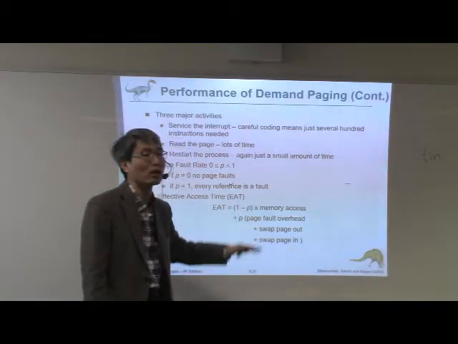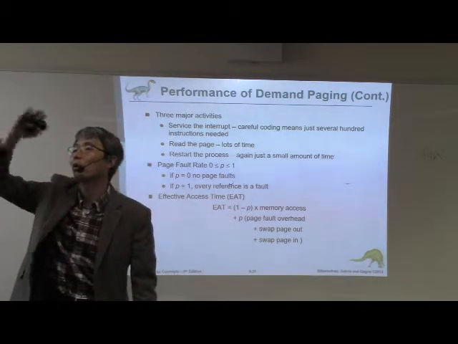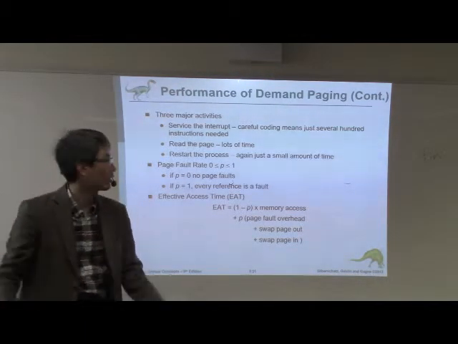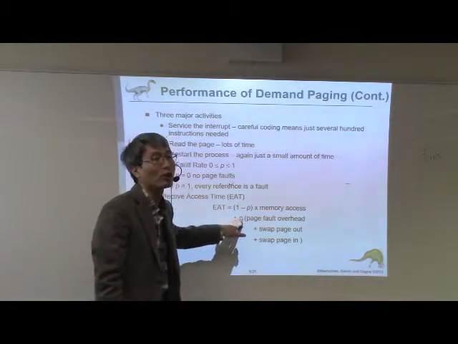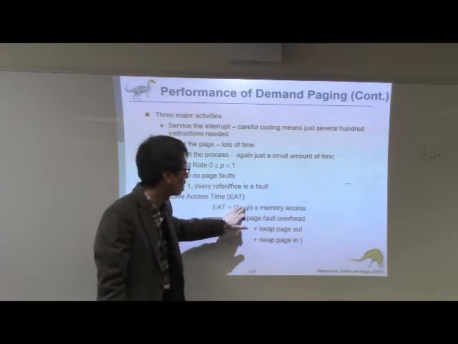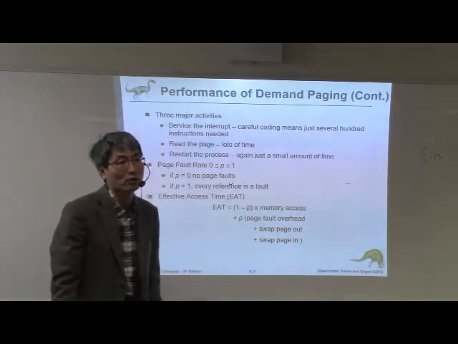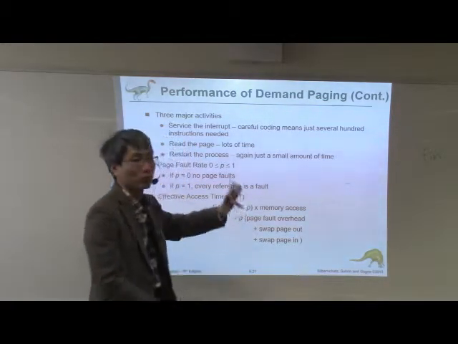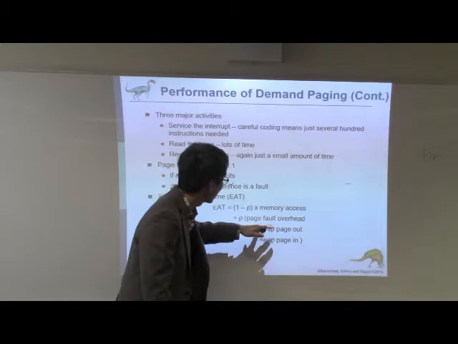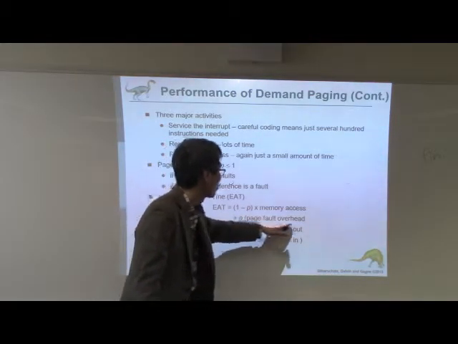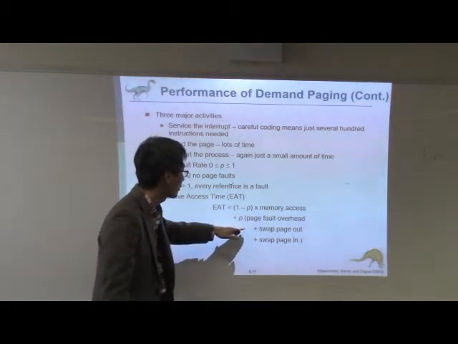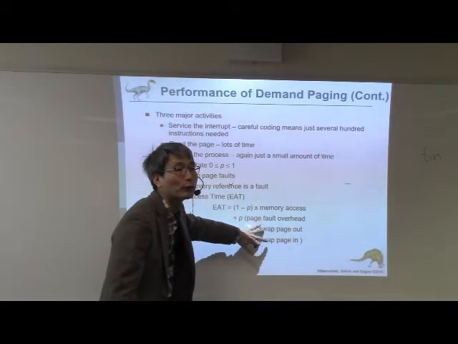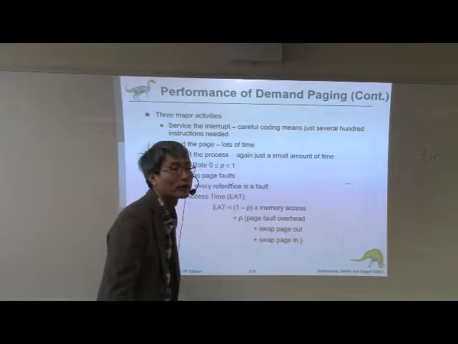So this is the percentage of valid, and how many times it's an invalid page fault. It's 90% or 10%, something like that. So it's 1 minus p plus p is 1, so it's a percentage. Then in case of a page fault, we need to consider the page fault overhead and the page in and out overhead. It's a time.